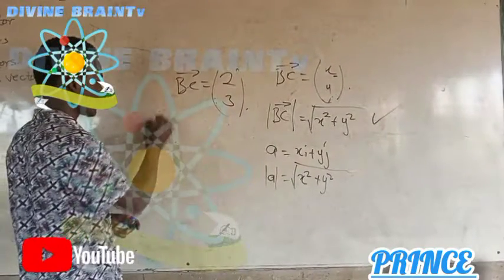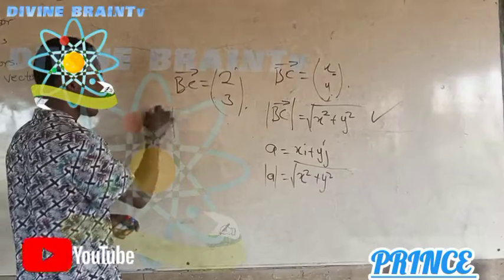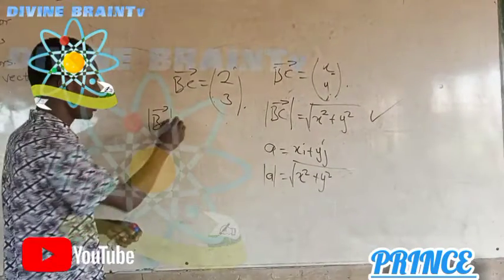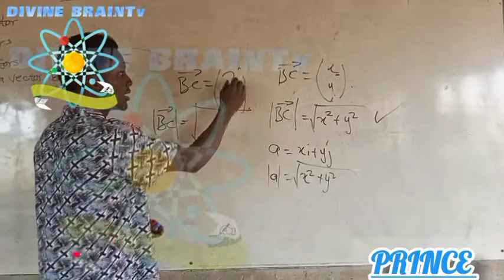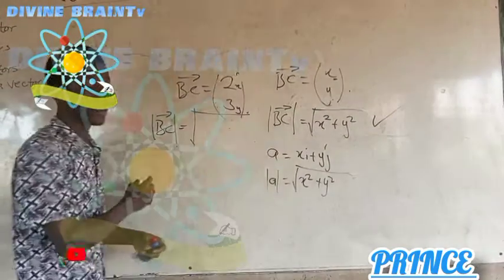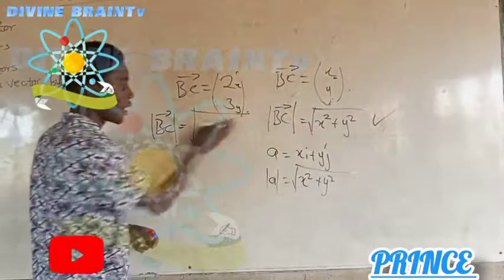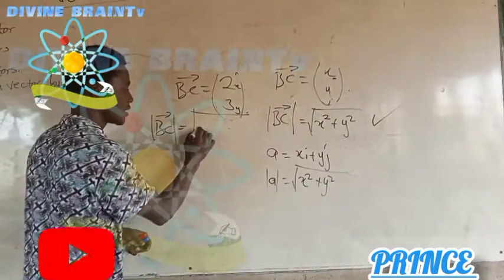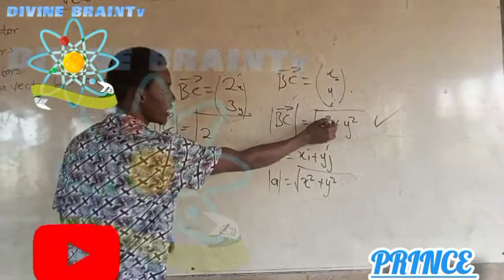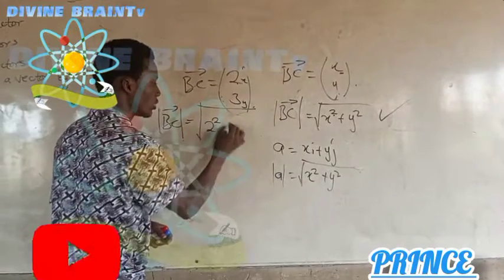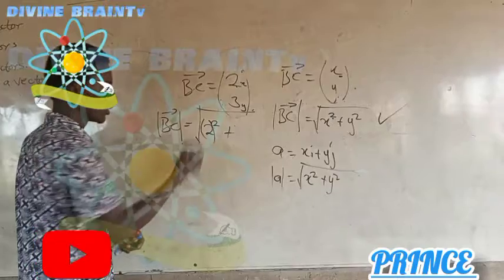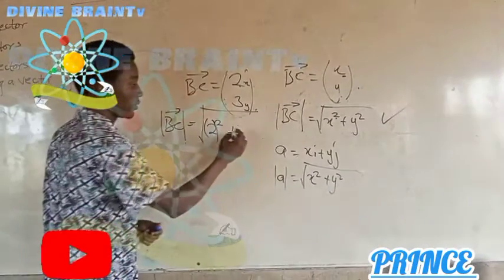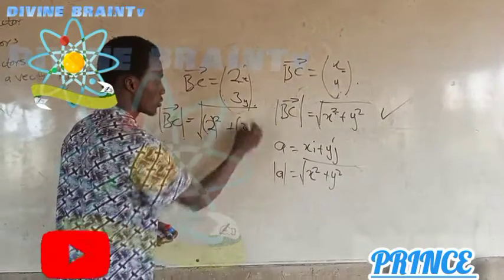It's very simple. This is how we go by using the formula. The magnitude of BC, don't forget how you denote magnitude, is equal to the square root of, we know that our x component is 2 and y is 3. Then we use the same formula. We bring our square root, then we square 2, because we have the square over here, plus 3 squared.